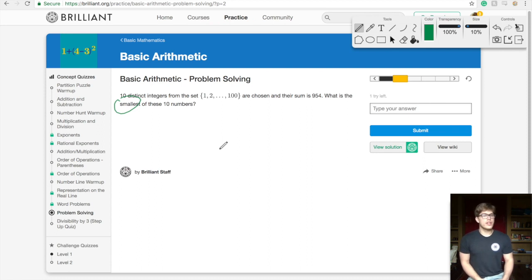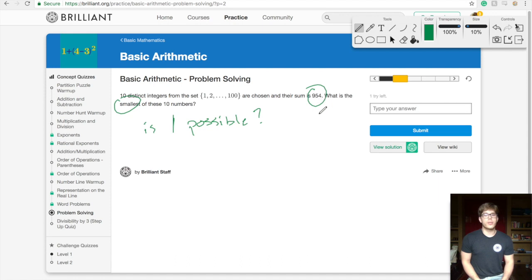So I'm initially thinking, well, is 1 possible? Is 1 possible to be the smallest? Because if so, then this would be the answer, right? And I'm thinking, it is not. It needs to sum to 954. So what's the closest round number to this?